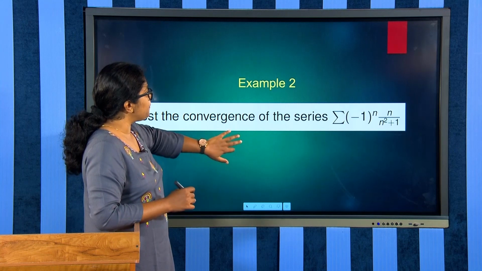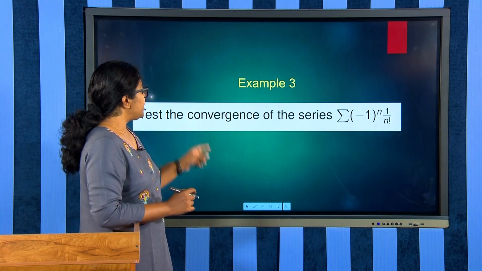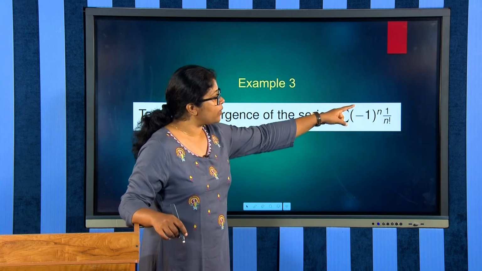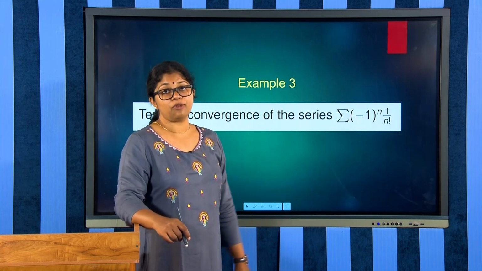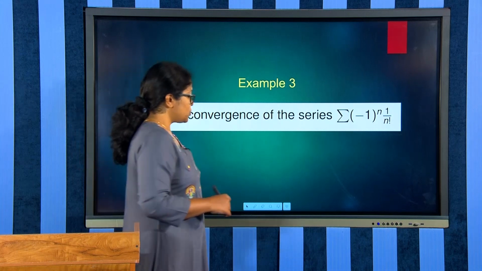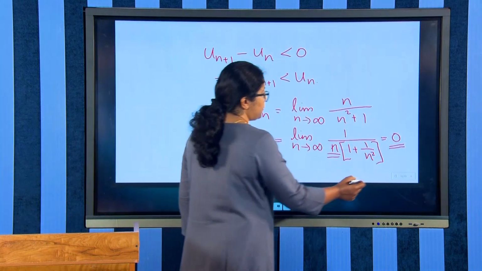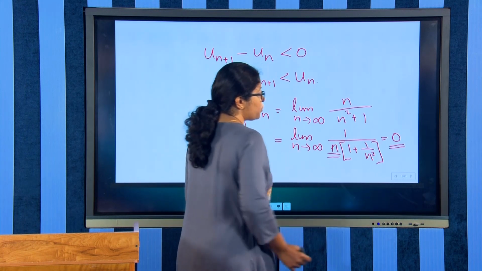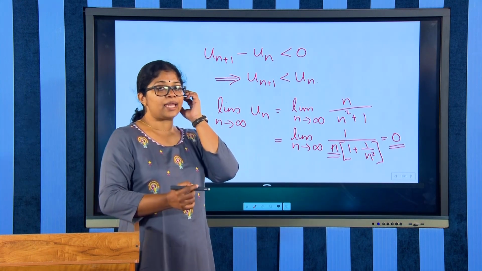The third example is: test the convergence of the series negative 1 power n into 1 upon n factorial. So, this also can be done using the Leibniz test itself, and for this question we can do another method also.